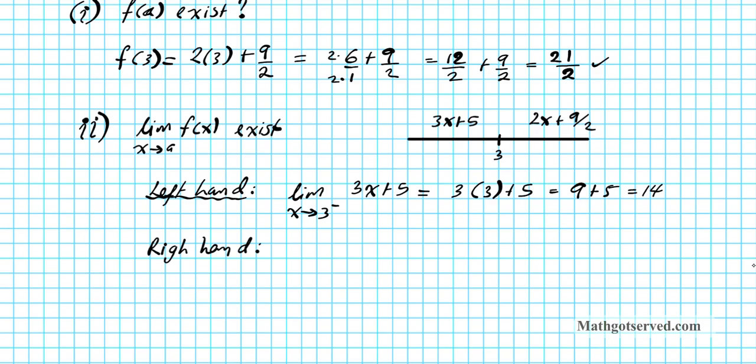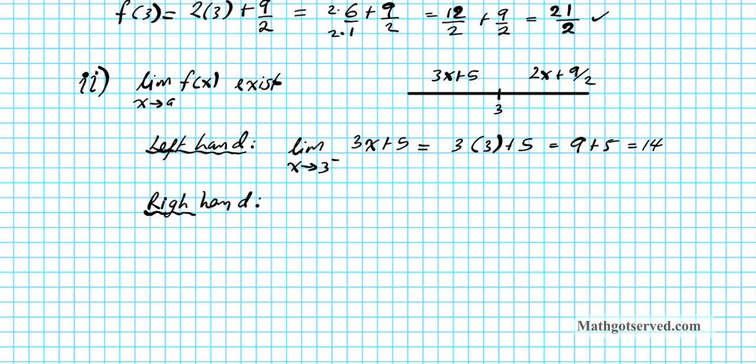For that one, we're going to calculate the limit as x approaches 3 from the right of 2x plus 9 over 2. We'll plug in 3. It's just the same thing as what we did up here. 2 times 3 plus 9 over 2. Final answer was 21 over 2. We skipped the steps, 21 over 2.